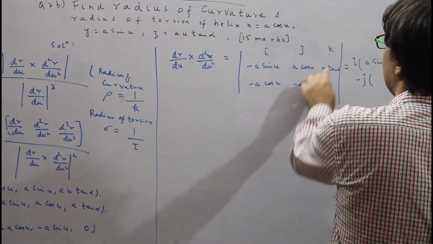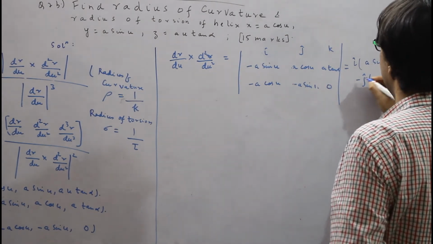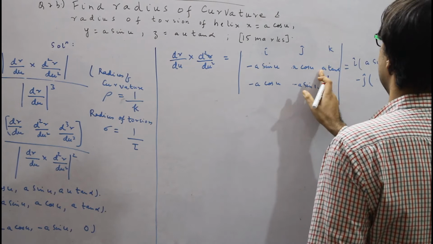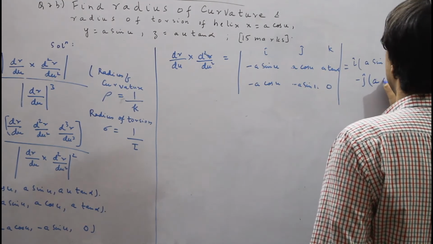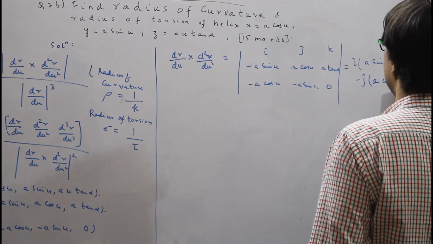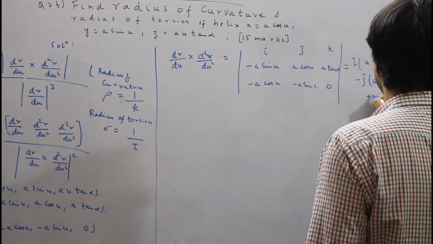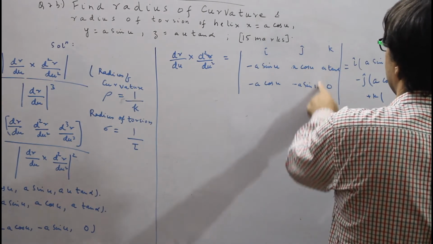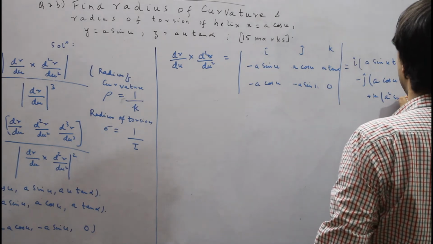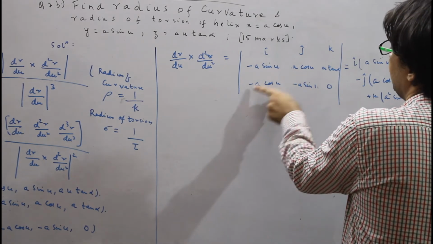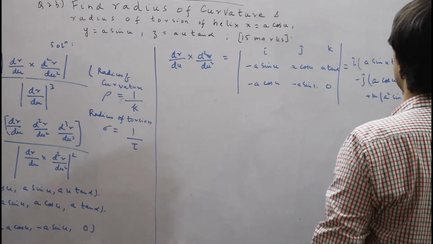Now for this part, this is 0, and minus minus becomes plus again. So this is a cos u tan alpha. Plus k times this one: this is a square sin square u, plus minus minus becomes plus, so this is a square cos square u.